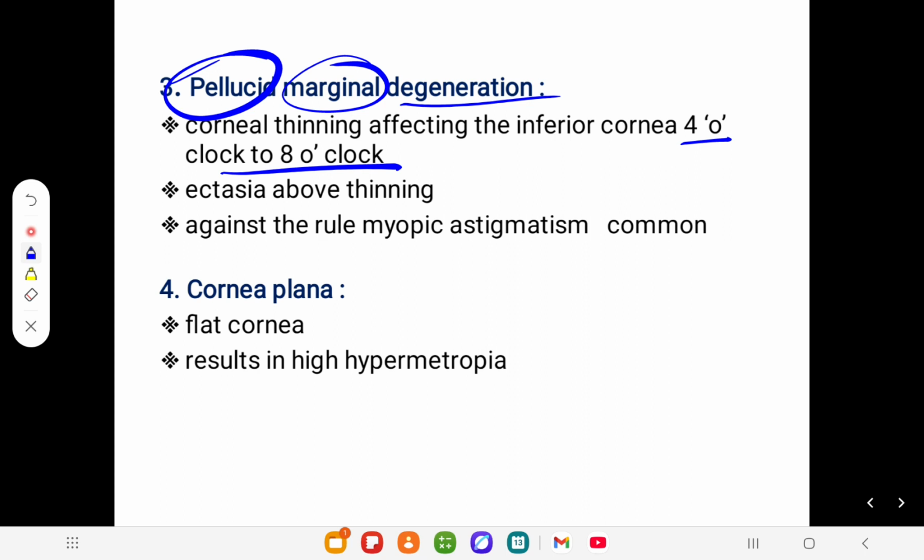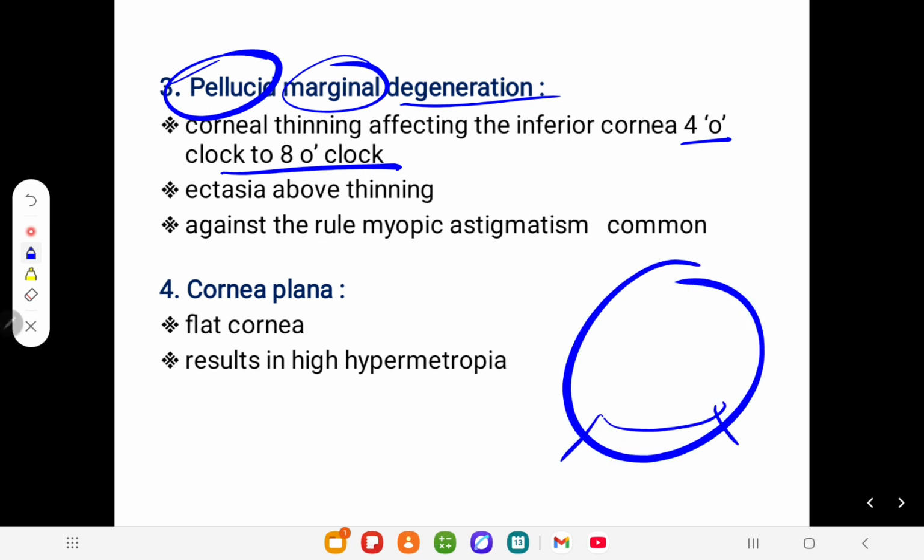So if this is the cornea, from here to here is the thinning area, isn't it? The ectasia is above the thinning. If this area is thin, the ectasia is over there. So against-the-rule astigmatism is common, that's very simple and it's commonly asked in questions.